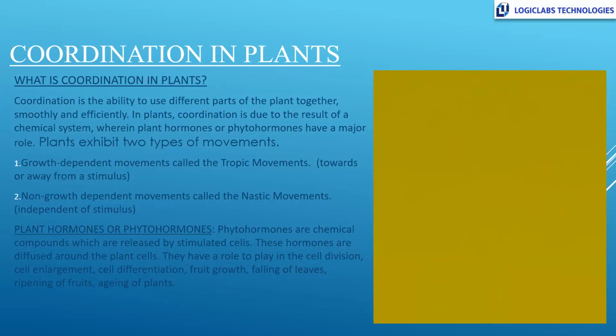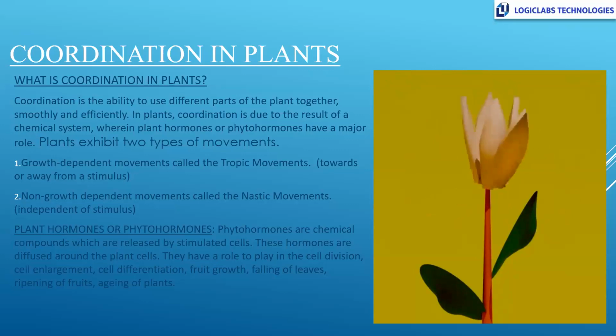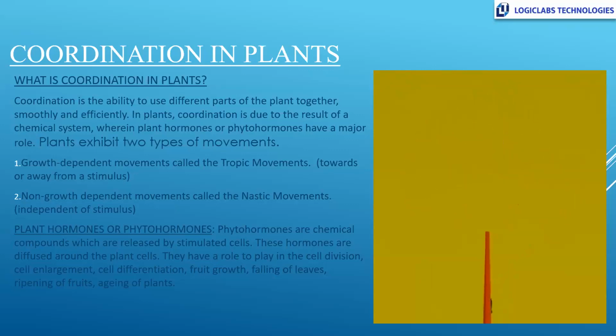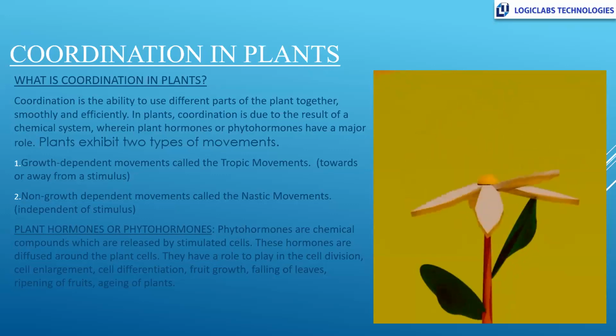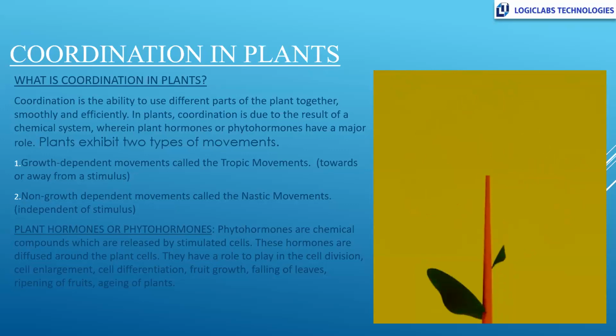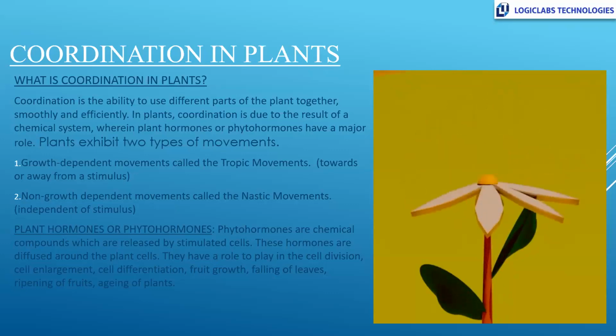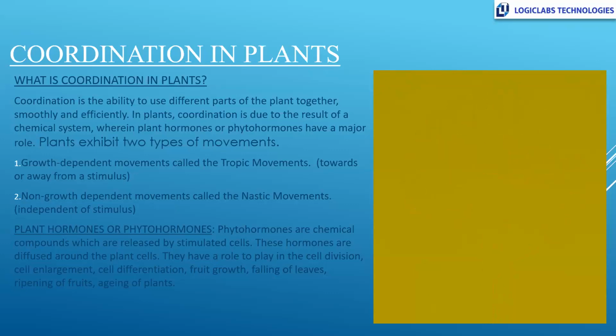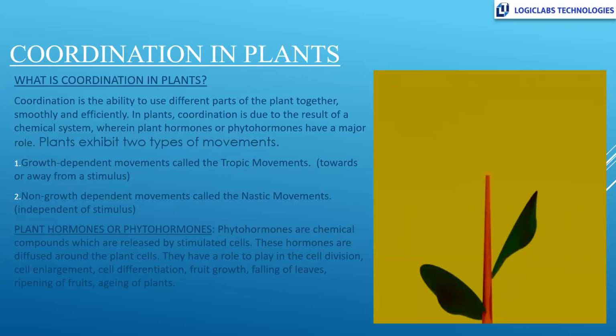For example, if you take a pea plant and a rose plant, a rose plant grows in a straight manner, whereas a pea plant, as it's a climber with tendrils, takes the direction as if it is moving. So it takes the support of some other plant which helps in the movement. This is how movement takes place due to growth.